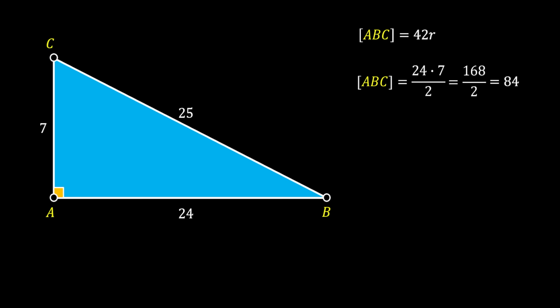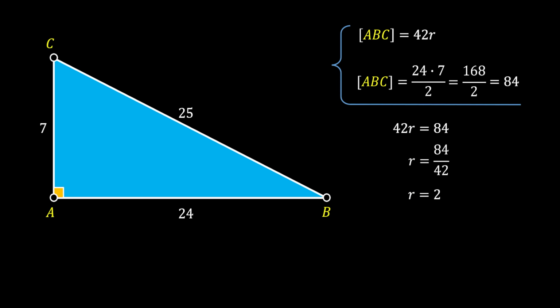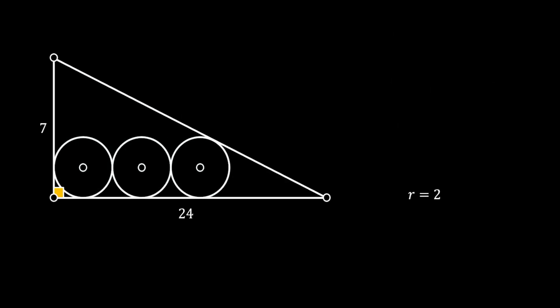Now we have two values for the area ABC, so we can say that those two values are equal. And from this we will get an equation from which we can easily get that the value of radius r equals 2.